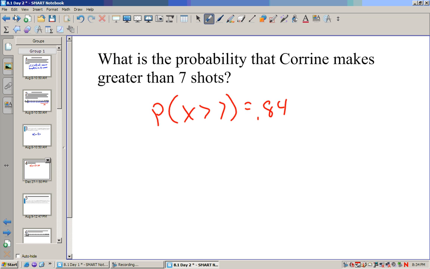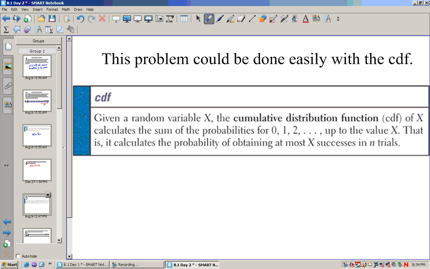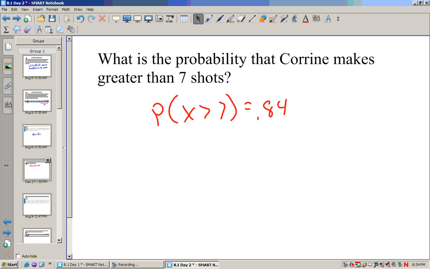Now there's another way we can do this with the cumulative distribution function. What the cumulative distribution function does is it calculates the sum of the probabilities 0, 1, 2 on up to the value of x that we determine. So in this previous case, I could have done a binomial Cdf. That's just one spot below the binomial PDF.